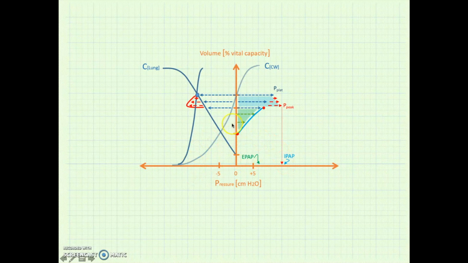Now, you can see here that I've depicted the volumes as being relatively high. So if this is functional residual capacity at 30% or so, and the chest wall equilibrium volume is roughly 60%, that's almost an additional 1.5 liters of volume above the functional residual capacity.